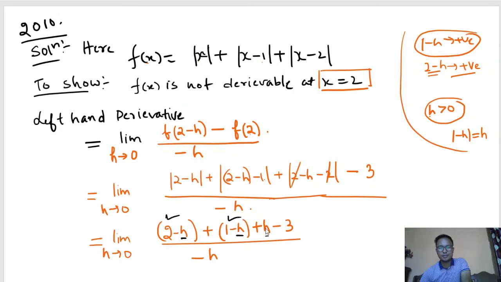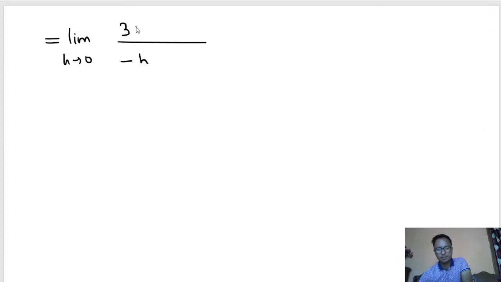Minus h cancels that, so we are left with minus of h, and then minus of 3. So 3 cancels. Is that correct? So if you take the limit here, the value is 1. Is that okay?